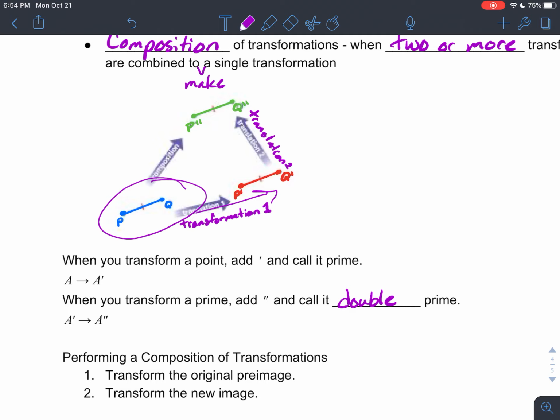They didn't go back and translate PQ again, because that would have ended up somewhere here. They translated PQ, then they translated P prime Q prime, and then that final result is called the composition that gets you from PQ to P double prime Q double prime. So this is the composition, the final result. Okay.